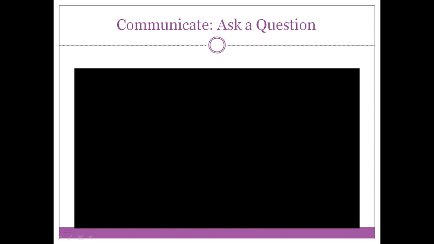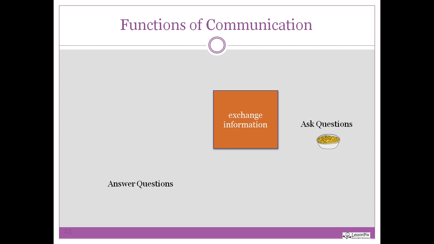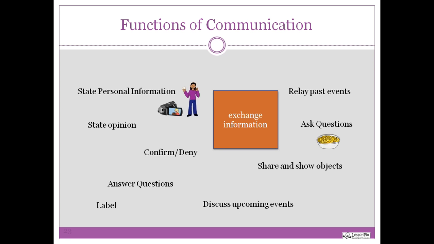And the girl was like, what? Is it ready yet? So asking a question, exchanging information, relaying past events, sharing and showing objects, discussing events, answering questions, stating personal information, opinions. This is all exchanging information.